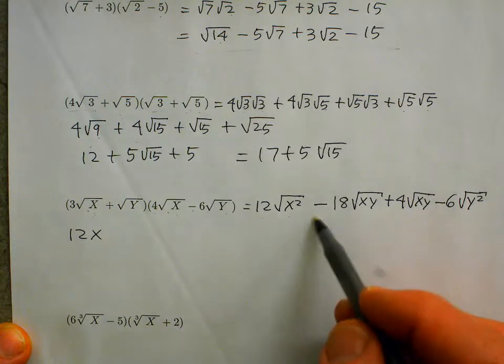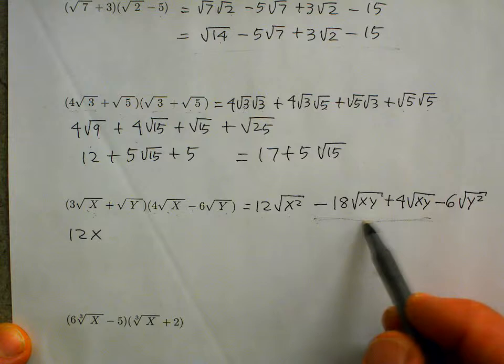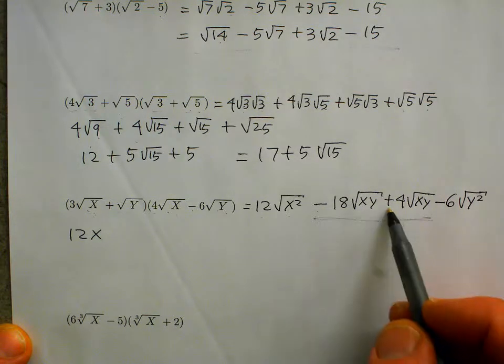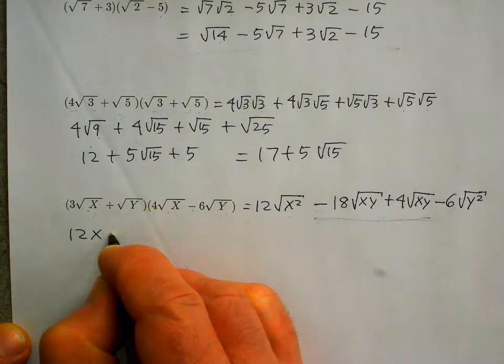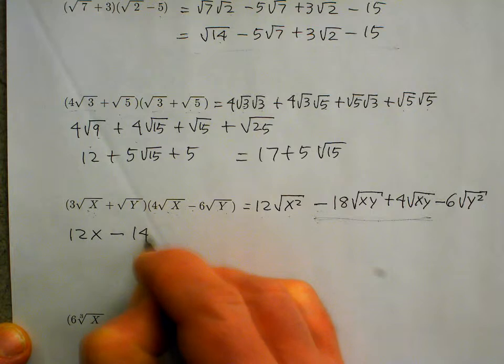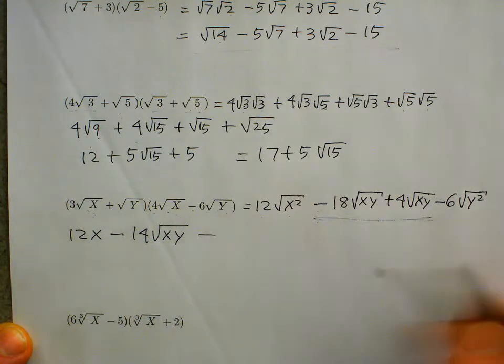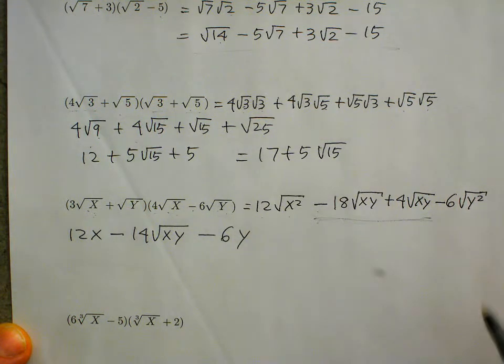These two middle terms have like radicals, so those can be combined. So minus 18 times the square root of xy plus 4 times the square root of xy gives us minus 14 times the square root of xy. And then the final term is minus 6y, because the square root of y squared is y.